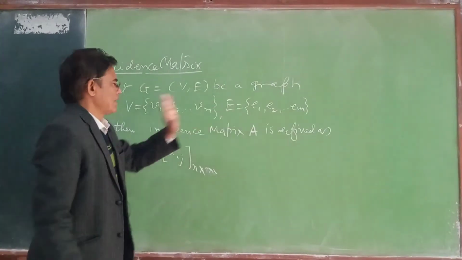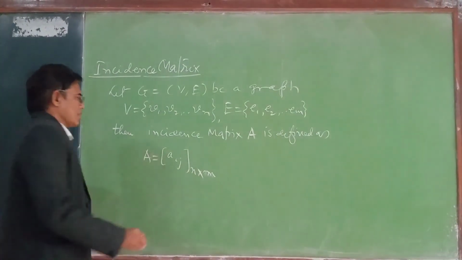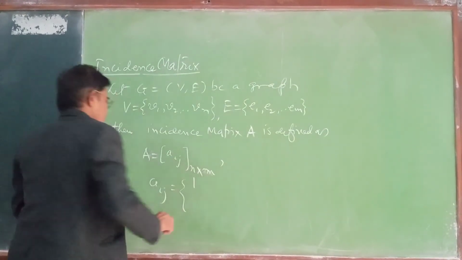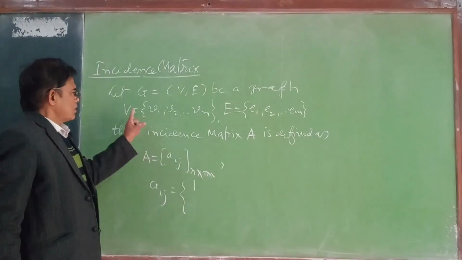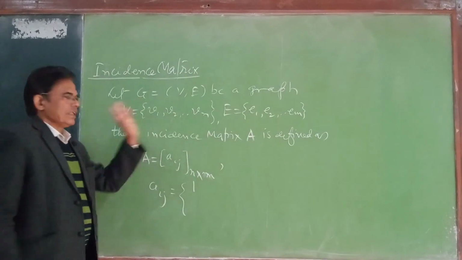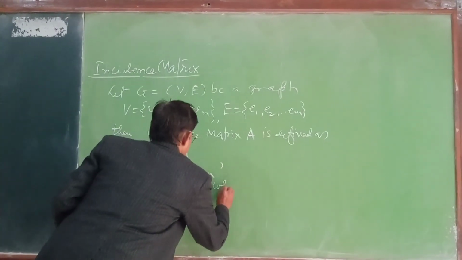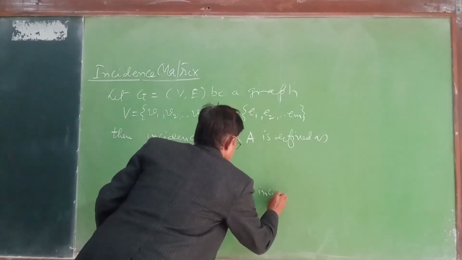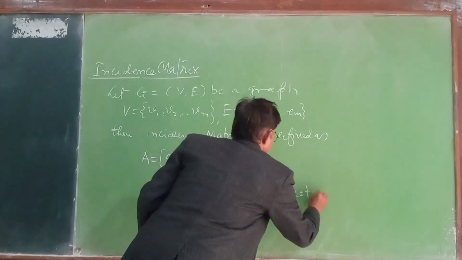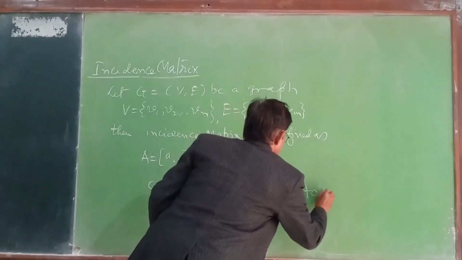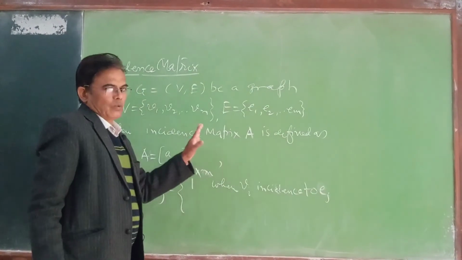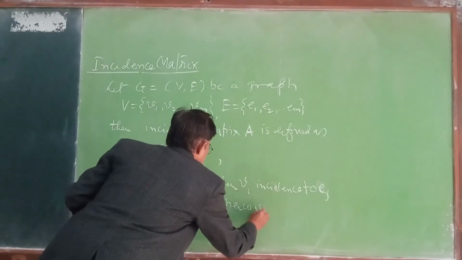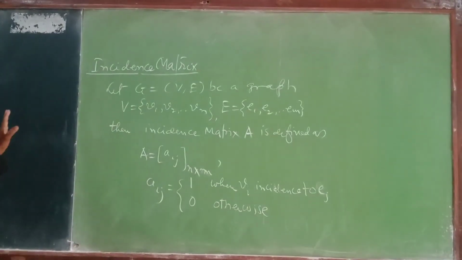This is an n by m matrix, and the elements of this matrix are: Aij is equal to 1 when vertex Vi is incident to edge Ej, otherwise 0. So this is the incidence matrix.